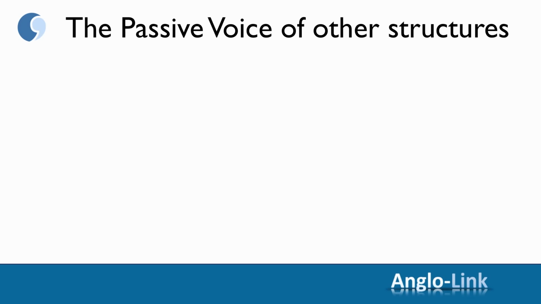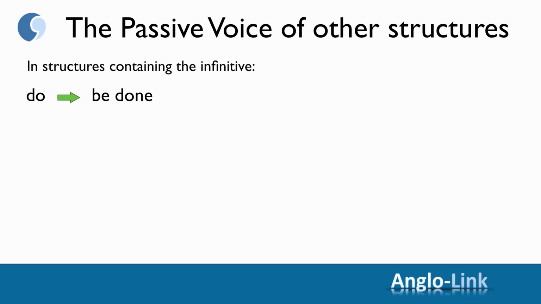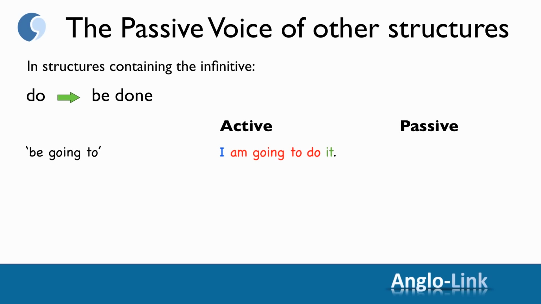Right, let's look at a couple of other structures in the passive. In structures containing the infinitive, do, the passive is simply be done. For example, be going to, I am going to do it, changes into, it is going to be done.